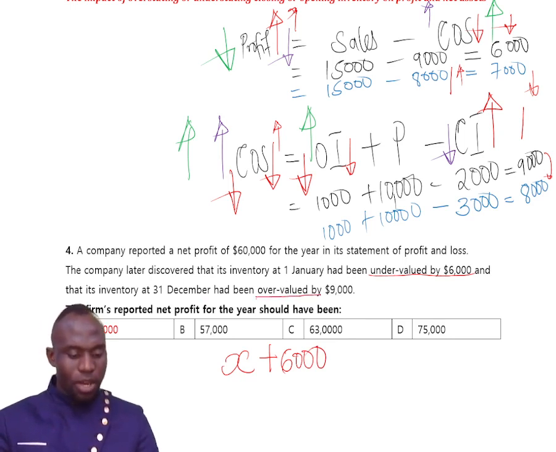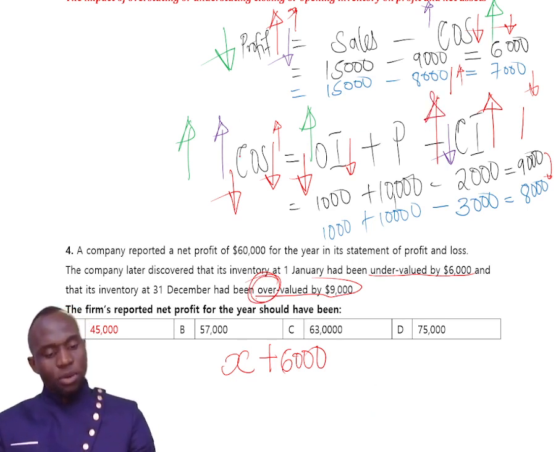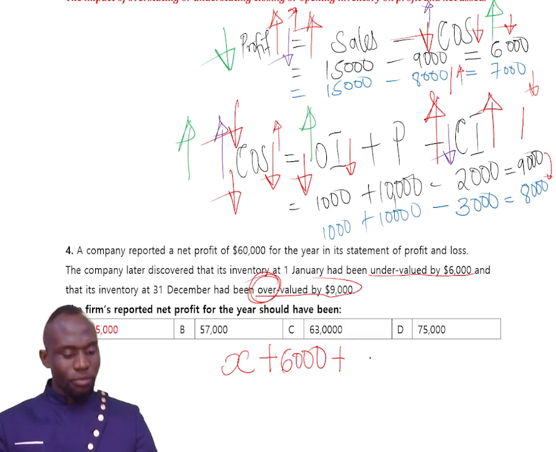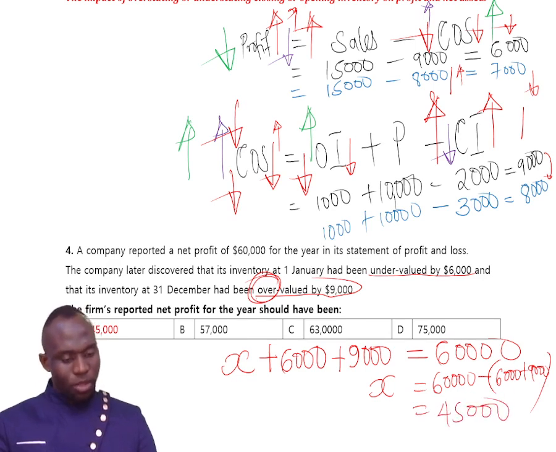If closing is overvalued, so if closing is overstated, then it means cost of sales would be understated, and if cost of sales is understated, then profit would be overstated. So it means our profit was overstated by 9,000. And finally, the answer we get: when we work out, our X is 60 minus 6 plus 9, which gives us 45,000. So the answer is A.